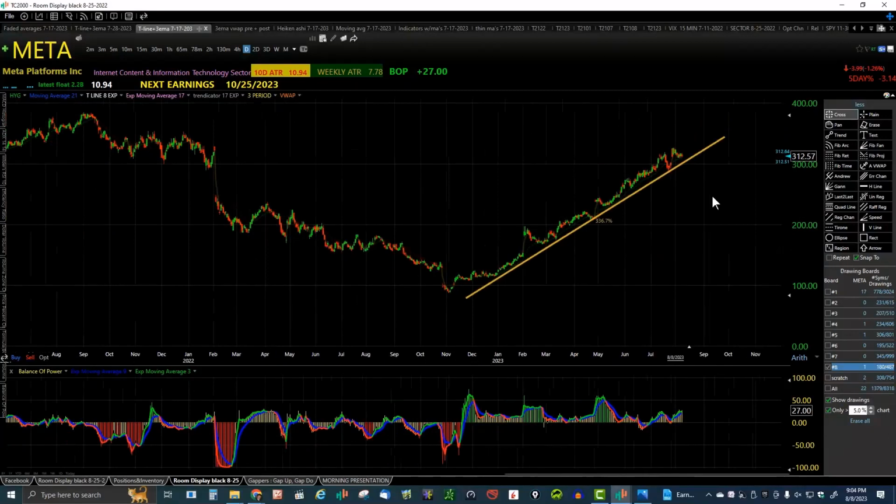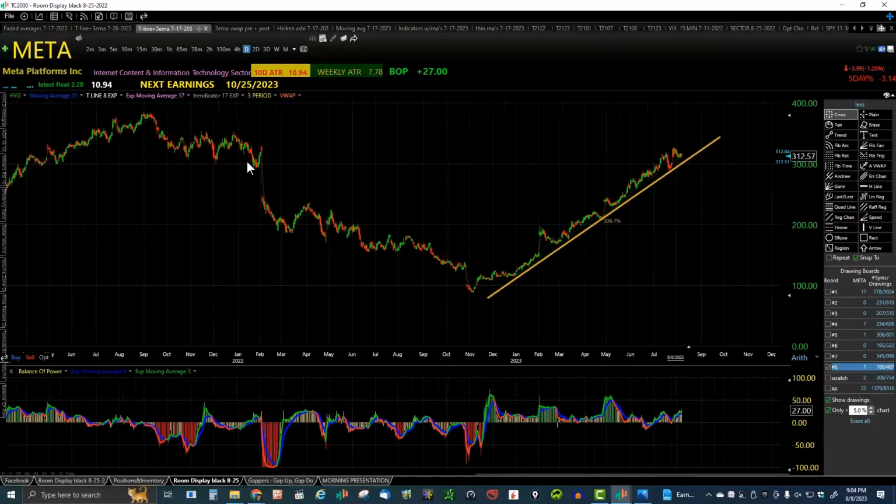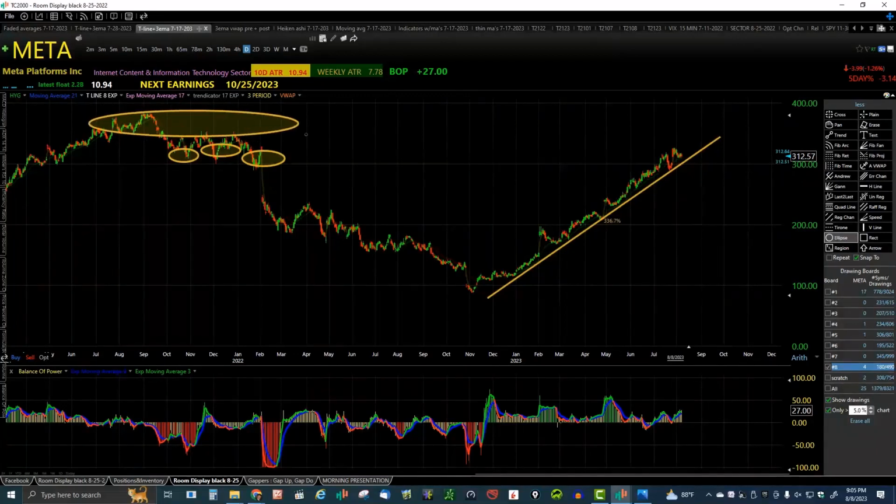Right there. Now notice what it's running into, Raju. What are the tails sticking down? That's your minor resistance, is the tails that stick down. And the major resistance is all of this up top here.